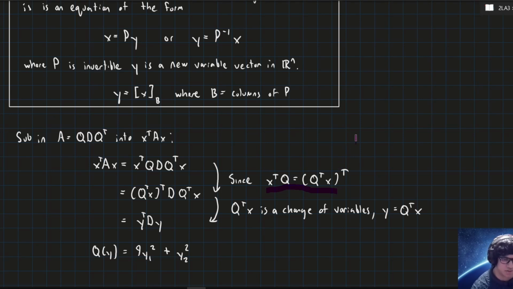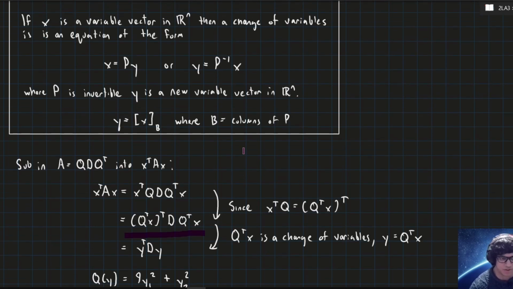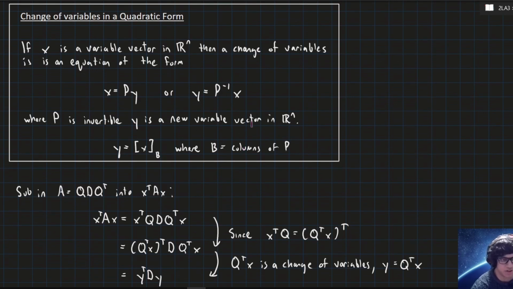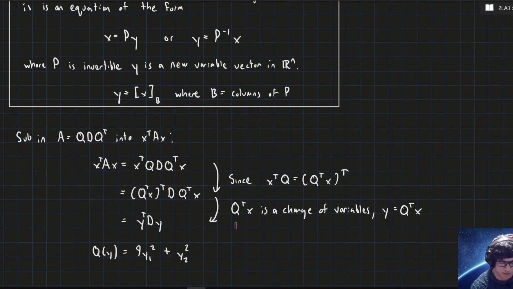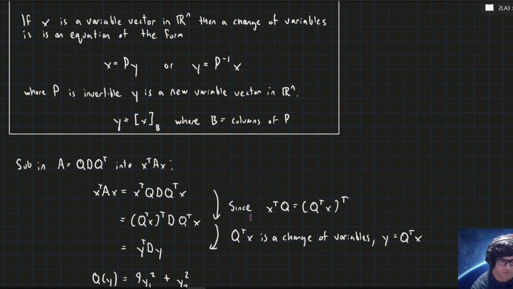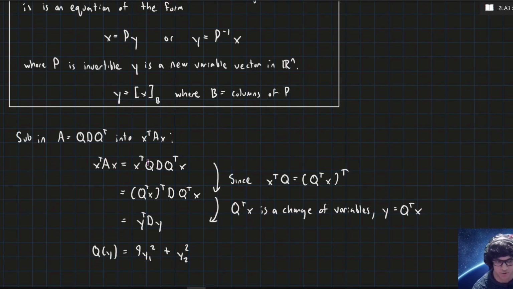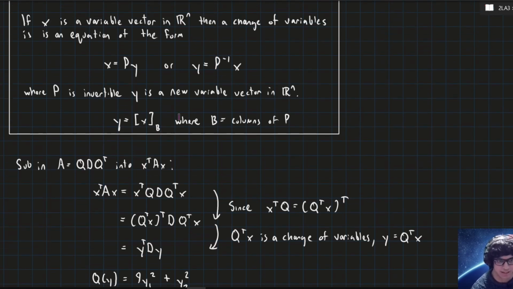So I can write it like this. Now we're going to use what we talked about up here. We can interpret Q transpose times x as a change of variables. Remember, we want P to be an invertible matrix. Q is an orthogonal matrix, so it's invertible, and its inverse is its transpose.